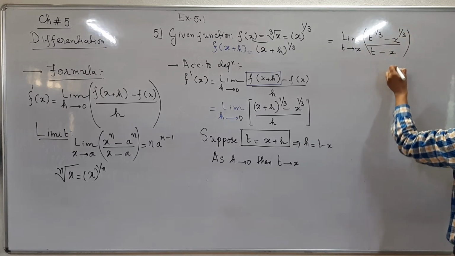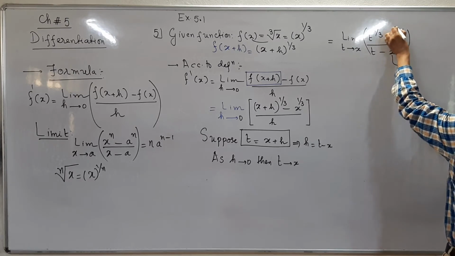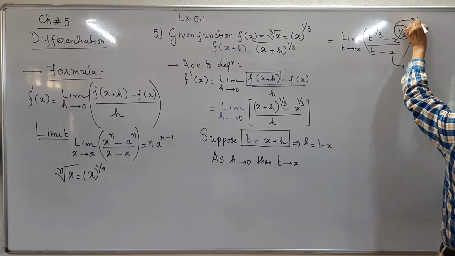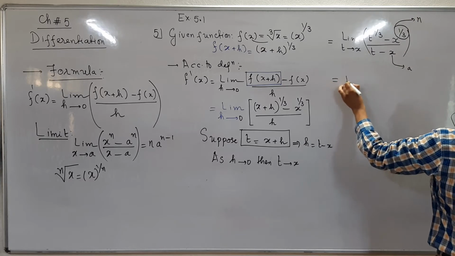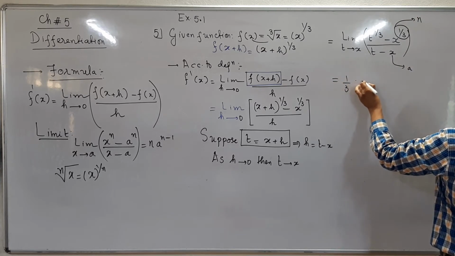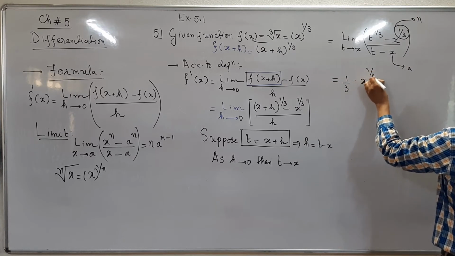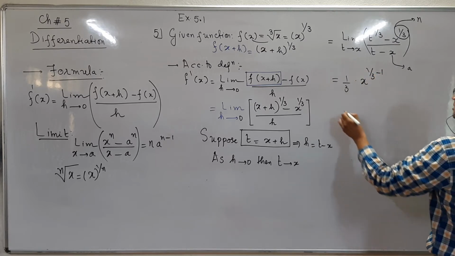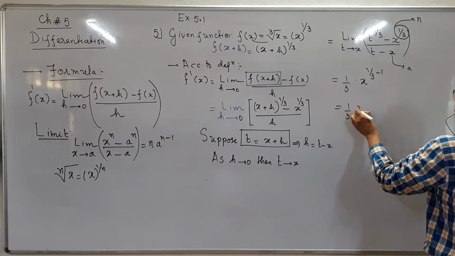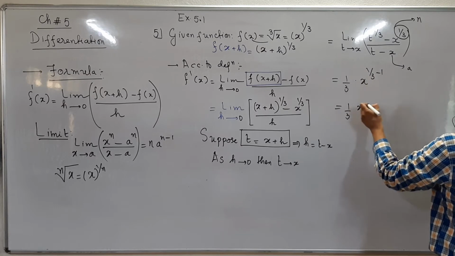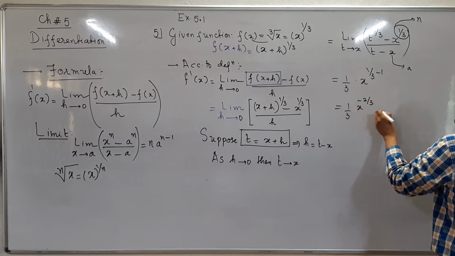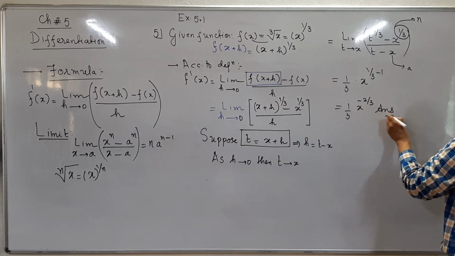Check. So, this is our a and this is our n. So, the answer is n into a raised to n minus 1. So, this answer is 1 by 3, x raised to 1 by 3 minus 1, which is minus 2 by 3. This is our answer.